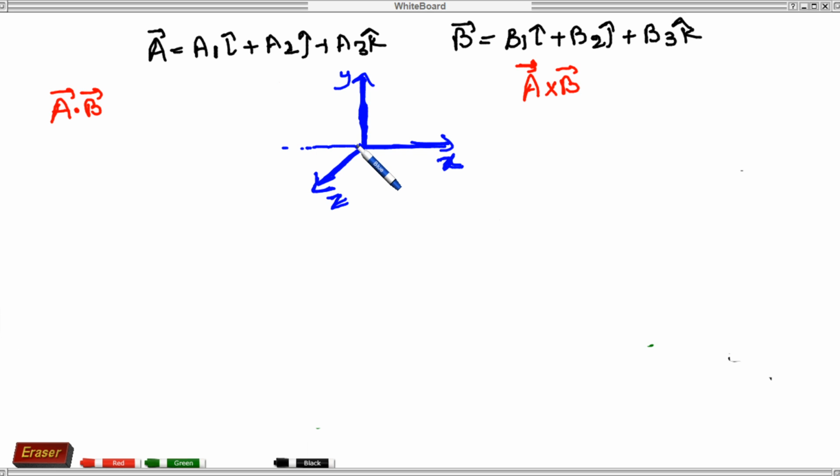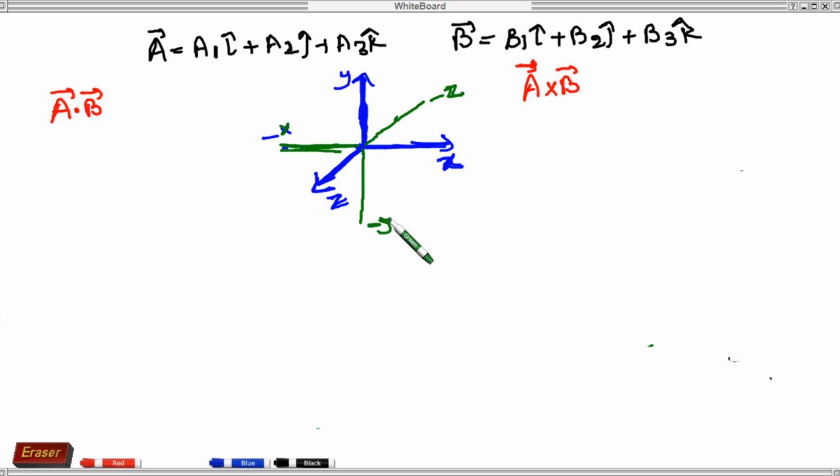Suppose this is the minus x-axis, this is the minus z-axis, and this one is the minus y-axis.